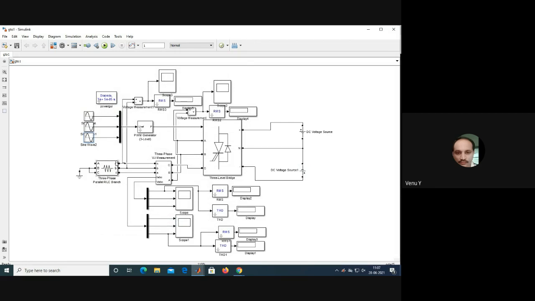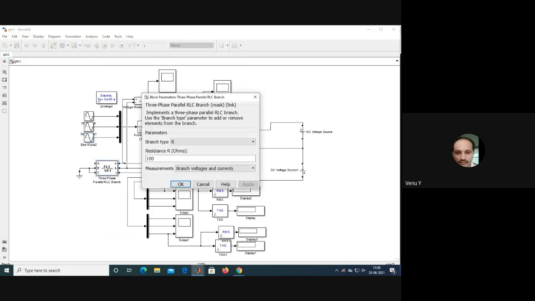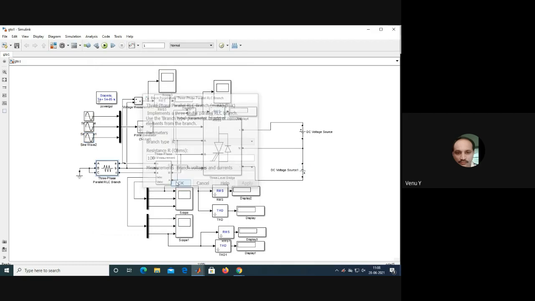And here you have AC side three-phase resistive load, 100 ohms. And all these are the measurements: VABC and IABC measurements, and RMS value, THD, etc.